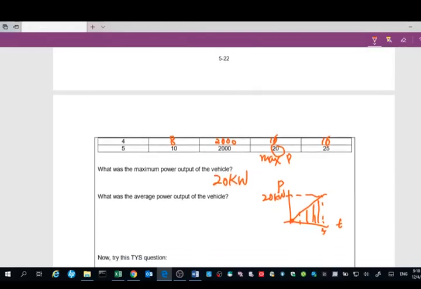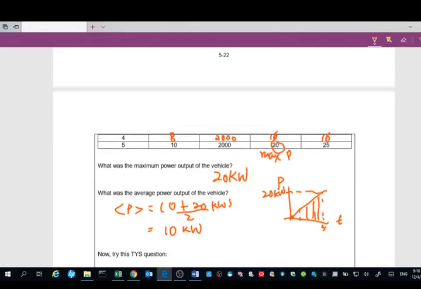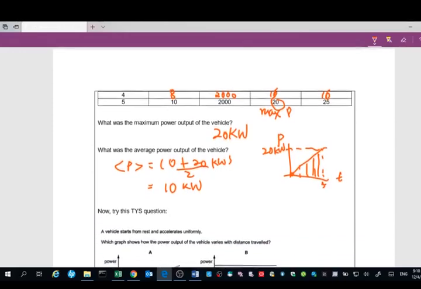So the average power is therefore from 0 to a maximum of 20 kilowatt divided by 2 here. Okay, so that gives you 10 kilowatt. Okay, so that's the answer for this part here.